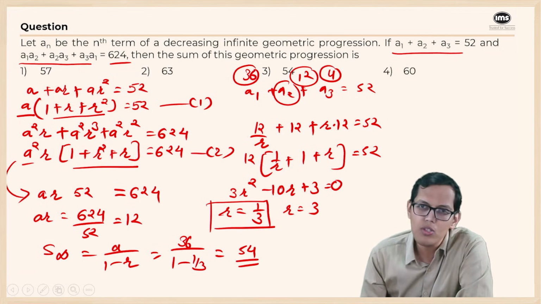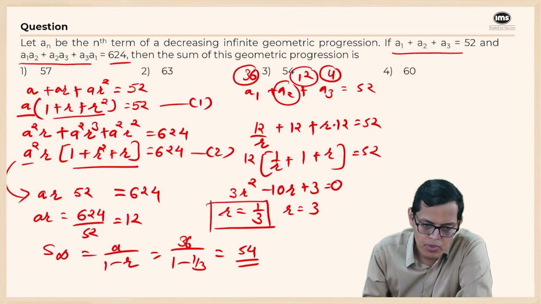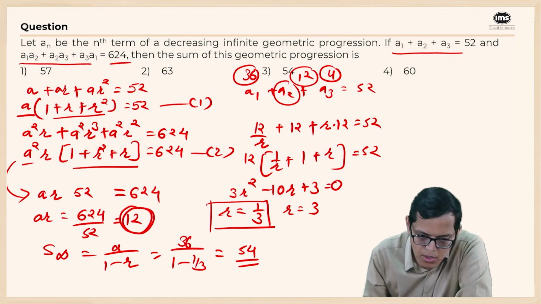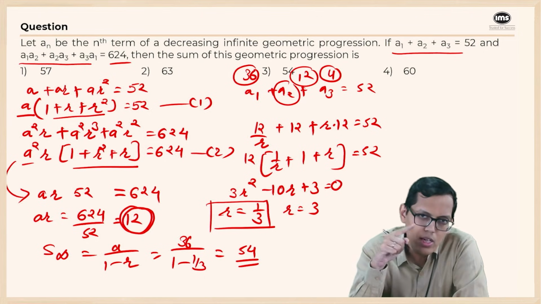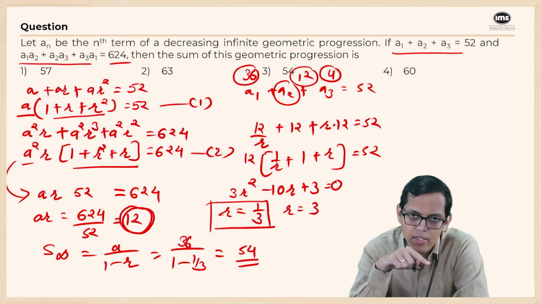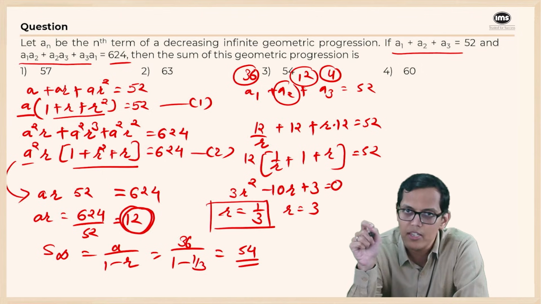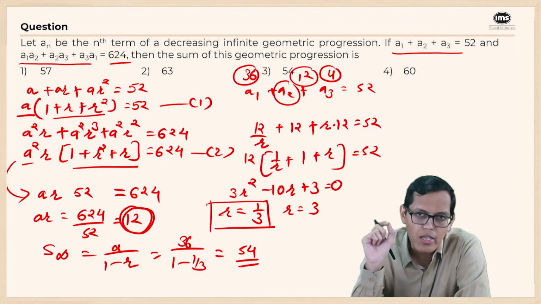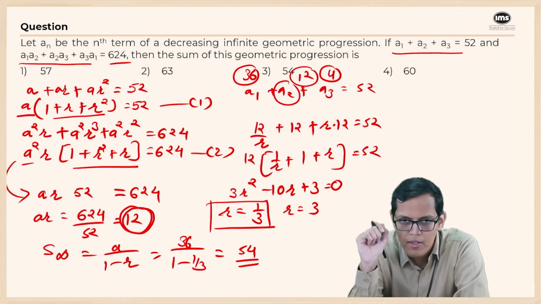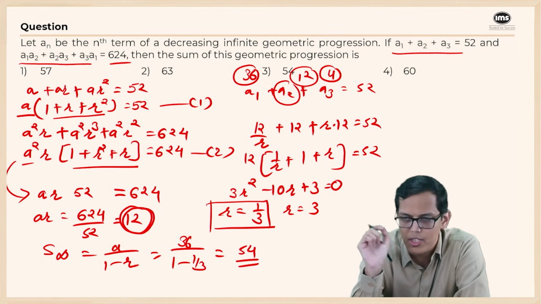However, you can reduce the rough work after you find 12 as the middle term. Once you know 12 is the middle term, you can actually avoid the rest of the calculation and the quadratic equation solving by simply thinking on this line. Summation of 3 numbers is 52. They are very likely going to be natural numbers.